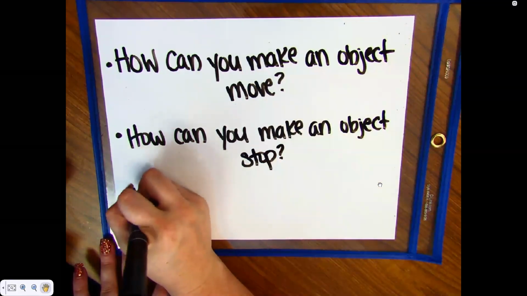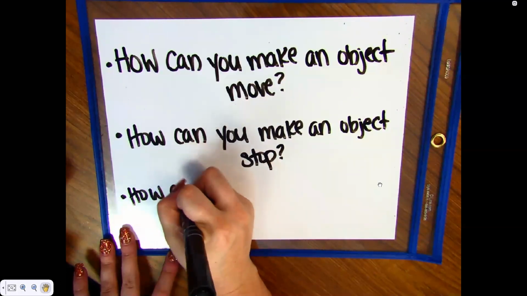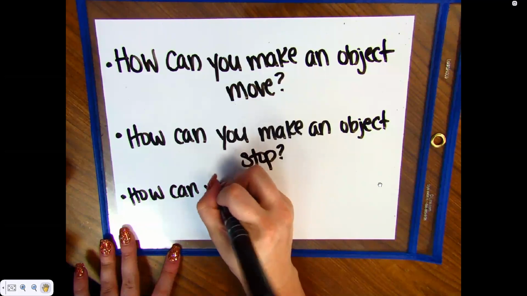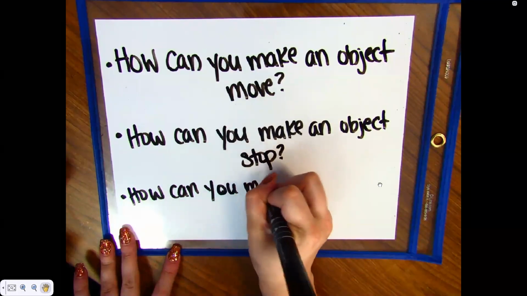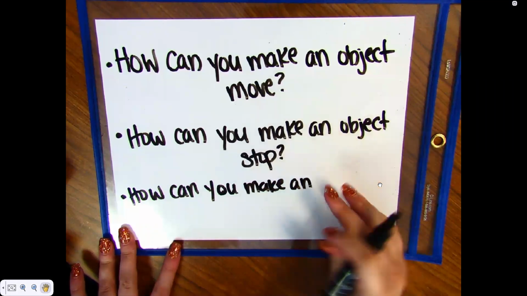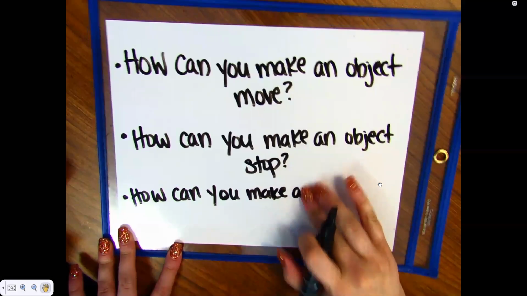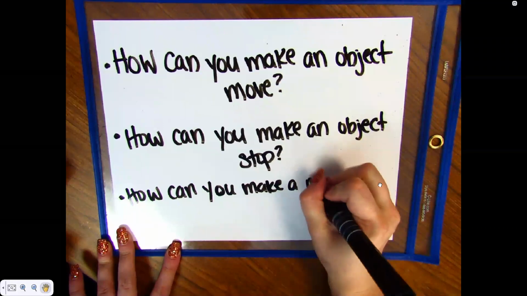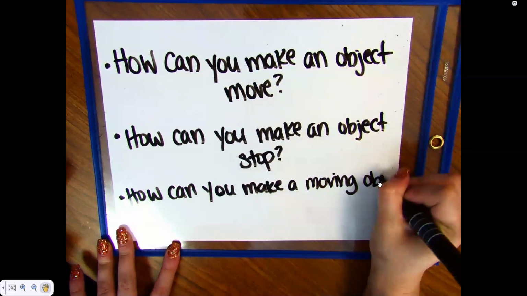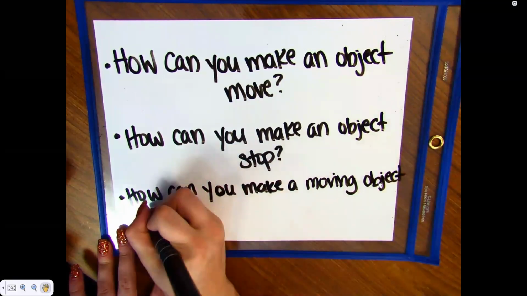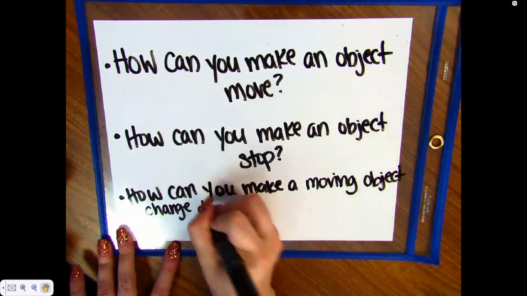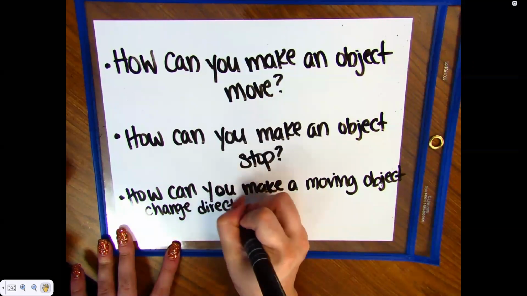Third, I probably should use my smaller marker, how can you make a moving object change directions?